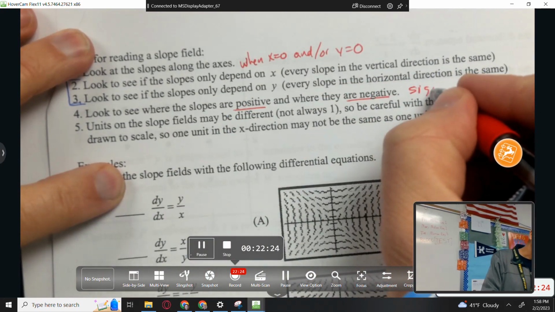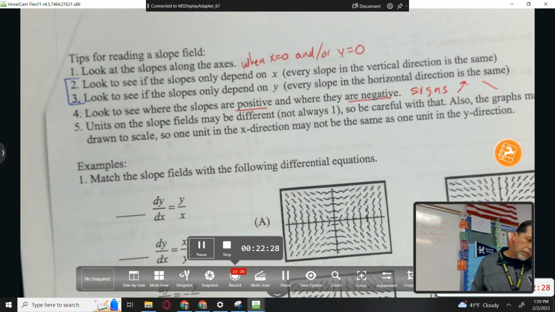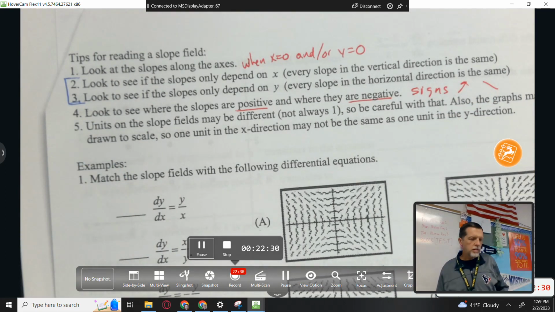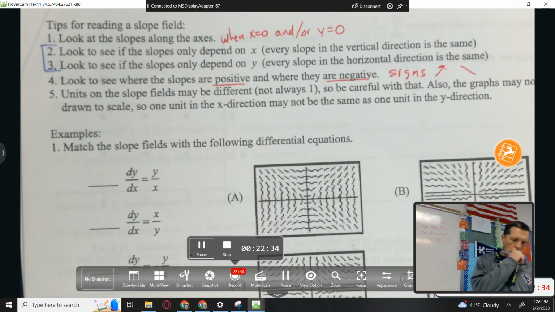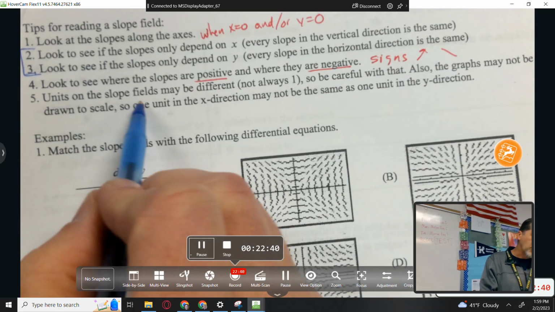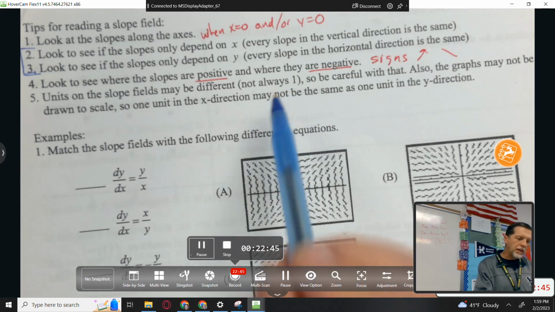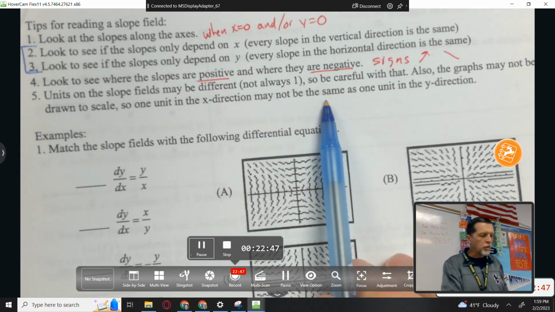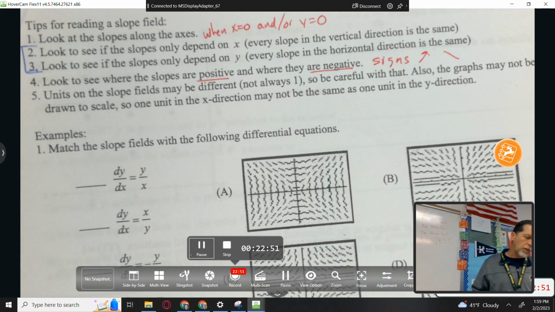Where is it a positive slope versus a negative slope? And then lastly, this is a rare situation. Units on the slope fields may be different, meaning the scale markers might not always be 1, so be careful what you're looking at when you have one of those.